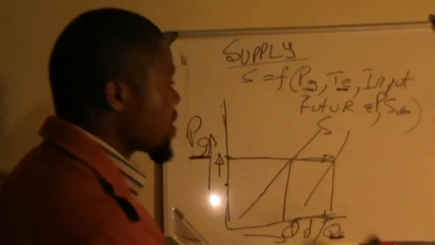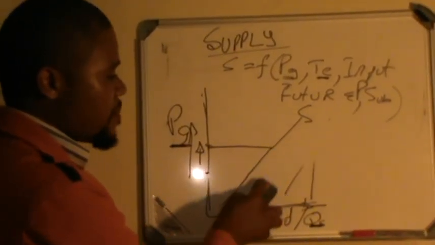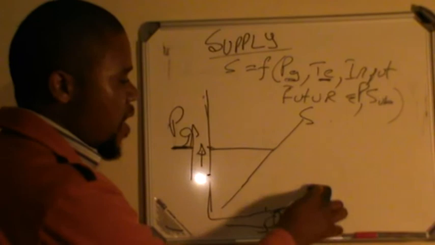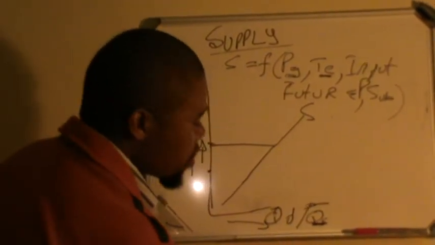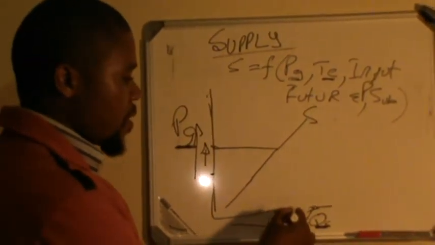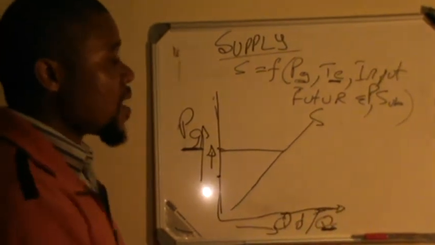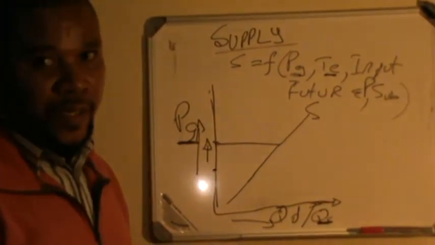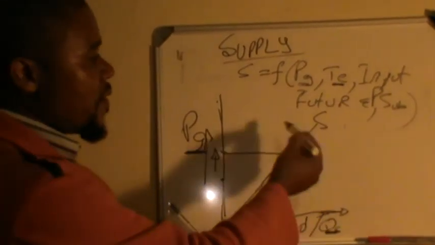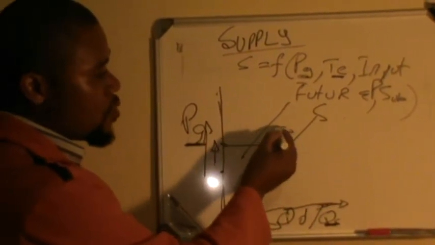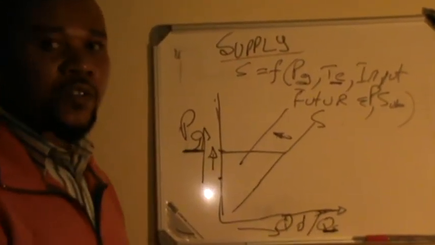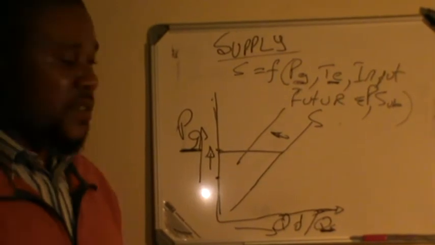On the other hand, if the prices of inputs were to increase, what do you think is going to happen to the supply schedule? Well, if it's more expensive to produce a particular good, then the supply curve would shift to the left, or supply would decrease.